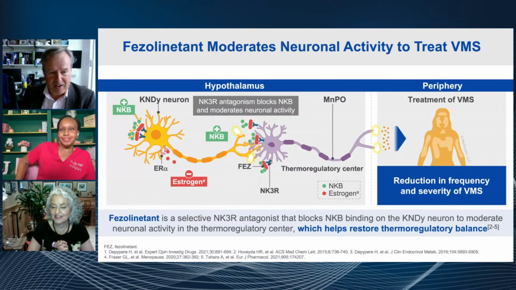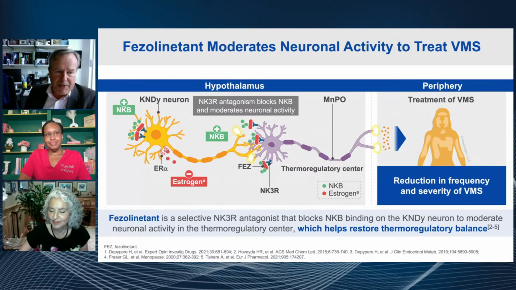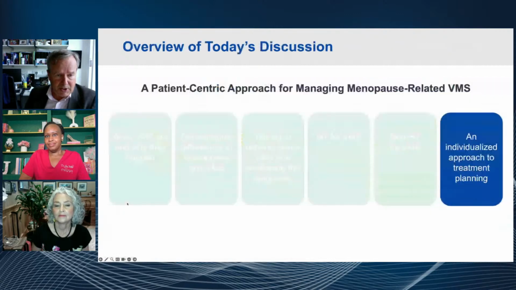What makes fezolinetant different than these other non-hormonals? Well, I think these are potentially a really interesting and game-changing collection of drugs, because there is more than one of them. A new study just came out this week of a different one from a separate company. Obviously, a drug that's not licensed as yet, but targeting the same pathway.